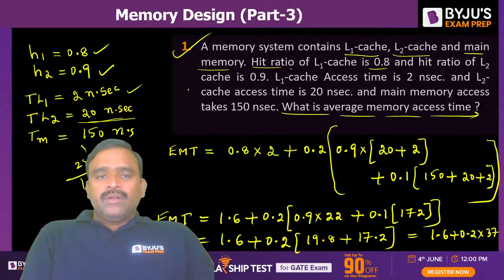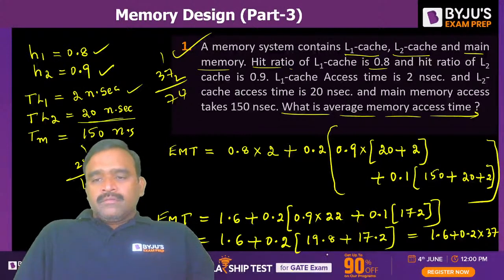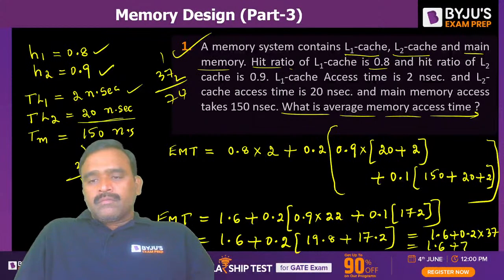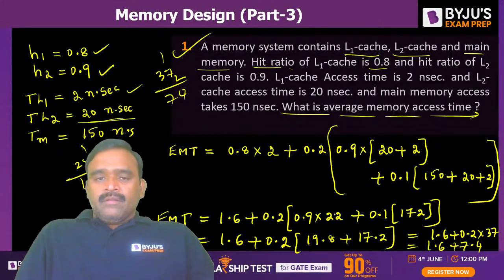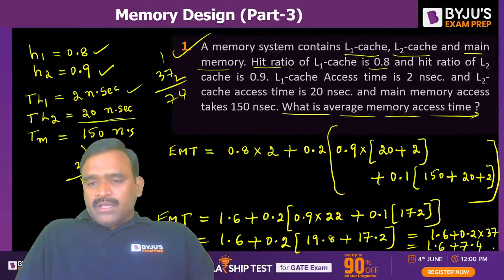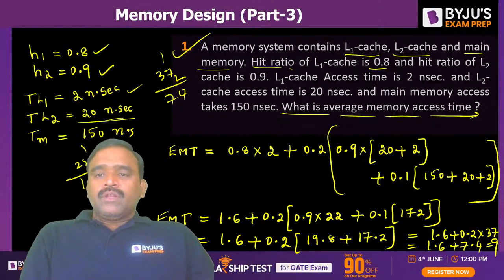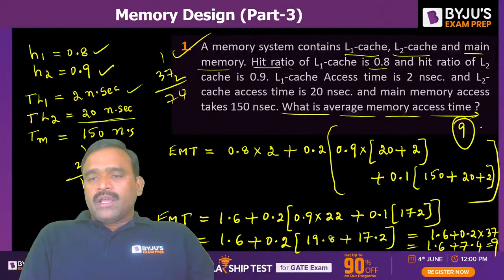So what is 0.2 into 37? 7.4. 1.6 plus 7.4, so finally it is 9. So the effective memory access time is 9, or average memory access time, 9 nanoseconds.